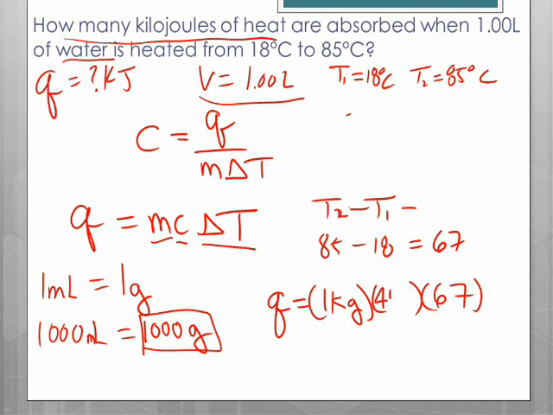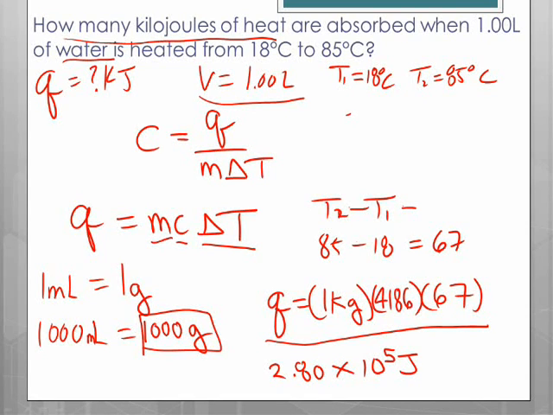So that's going to be 4186. Just plug it in the calculator. I will do it in my head. So carry the 2. That is going to be 2.80 sig figs times 10 to the 5 joules. But we want kilojoules.